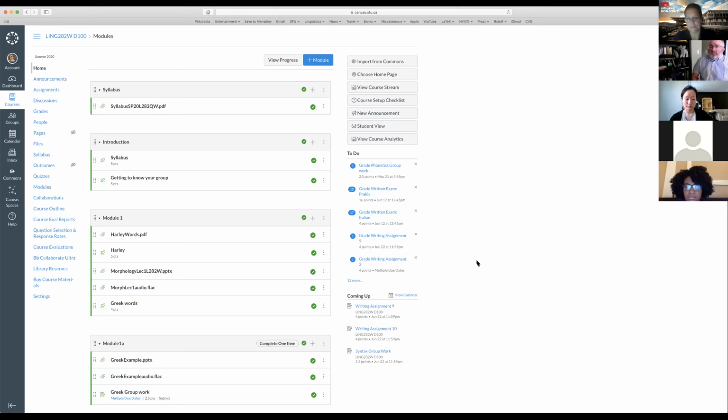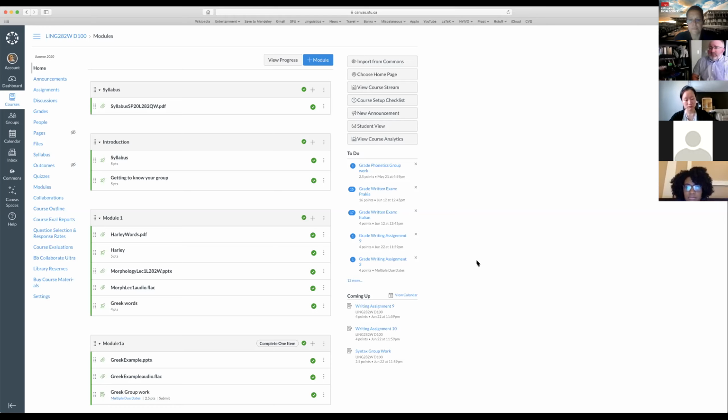Now, for the fall, of course, we have a new environment of learning, new methods, what we are calling remote instruction. And I want to tell you a little bit about this blended model that linguistics will be following for the most part. It's a model that delivers most of the material online through Canvas, and here you see a Canvas page, but also has some online meetings like the present one through Canvas.